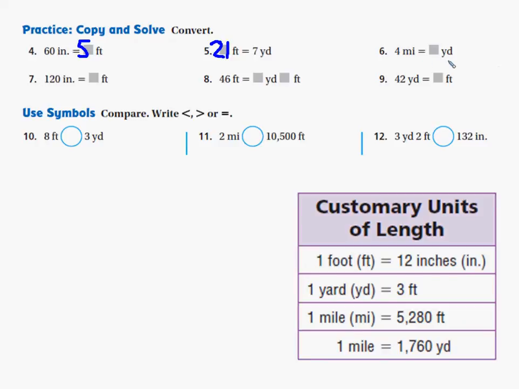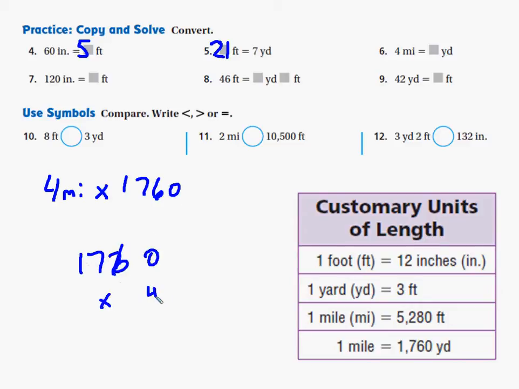And now we have miles to yards. So miles are definitely bigger than yards. So that's big to small, which is multiplying. So 4 miles times, well, how many yards are in a mile? 1,760. So I just multiply those two.